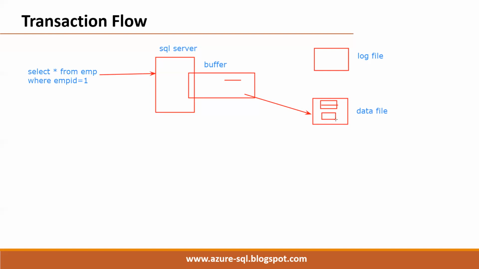If somebody is working with Oracle, we have blocks in Oracle. Here we have pages. So it will read the record and store that record in a page, an 8 KB memory area. First time it is reading from the data file into the data cache. After reading from the data file into the data cache, then this record is submitted back to the user.